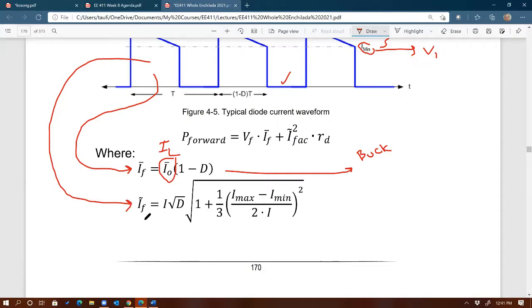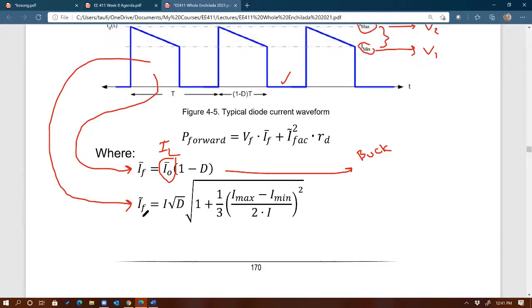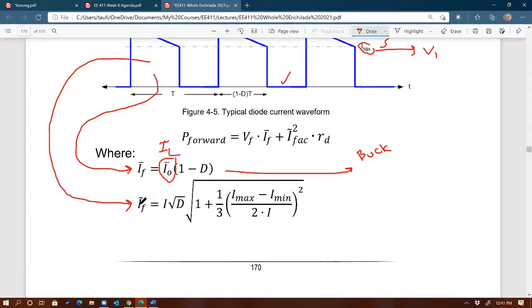That's in one of the tables in chapter 2 of the EE410 book, which gives you the average value and RMS value of commonly found waveforms in power electronics. For this waveform, the total RMS equation is given right there.